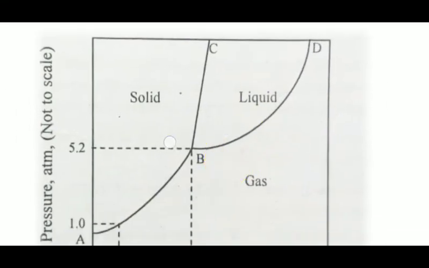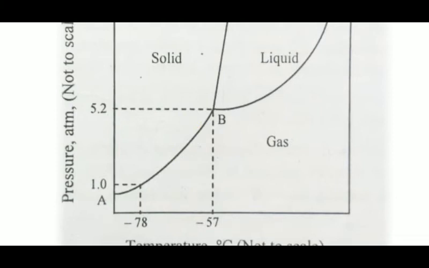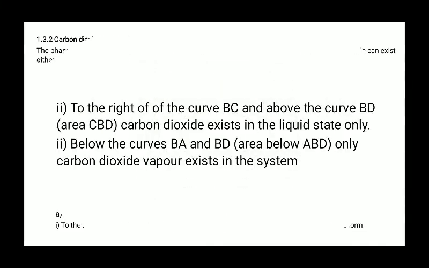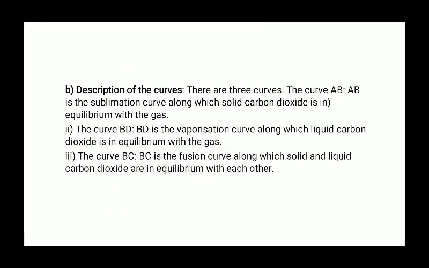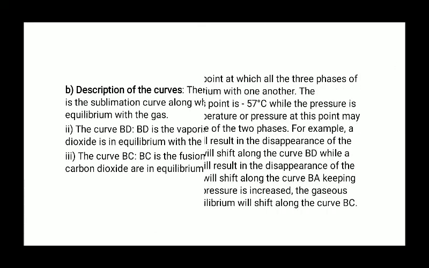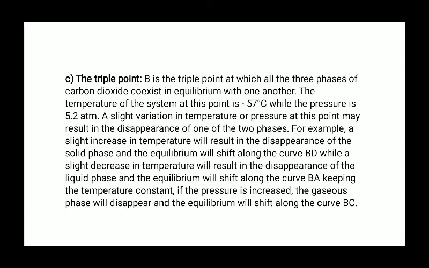The temperature of the system at this point is minus 57 degrees C, while the pressure is 5.2 atmosphere. A slight variation in temperature or pressure at this point may result in the disappearance of one of the phases.